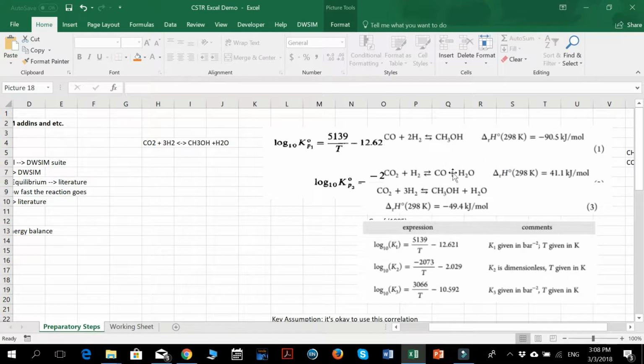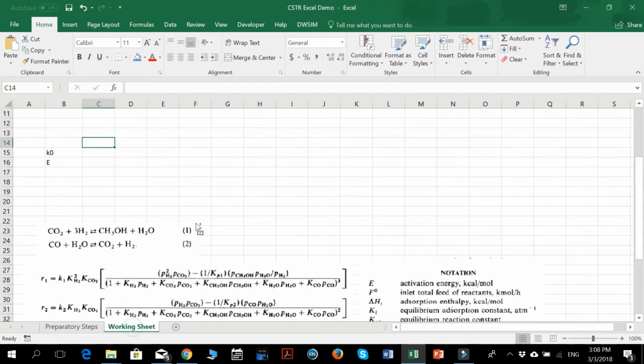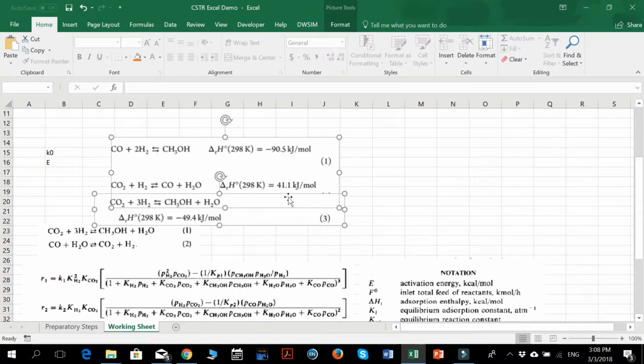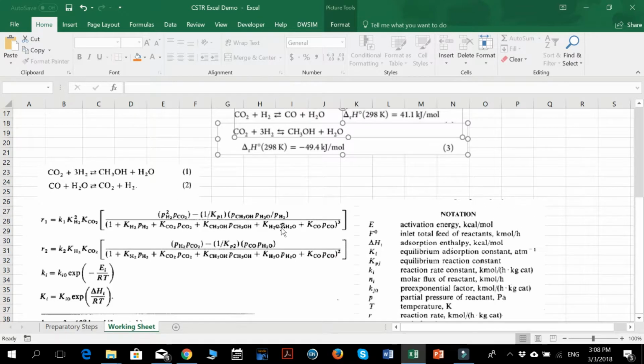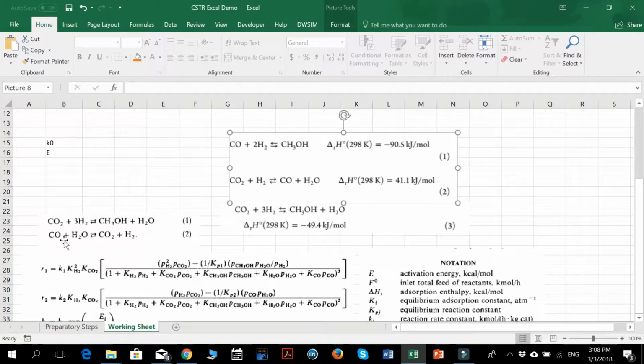Okay, I just realized something. Take a look at these and see if you can find any difference. Sometimes what is being presented, you can see here that the reactions are somewhat in reverse order.